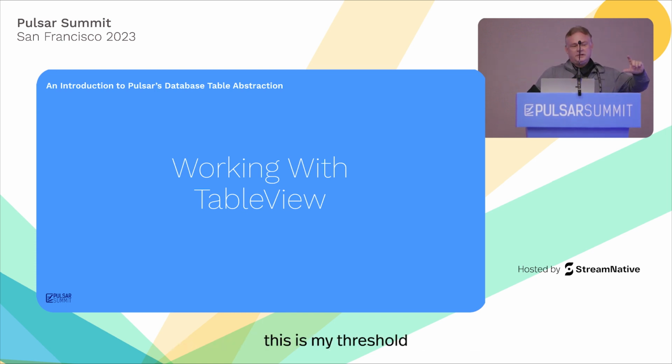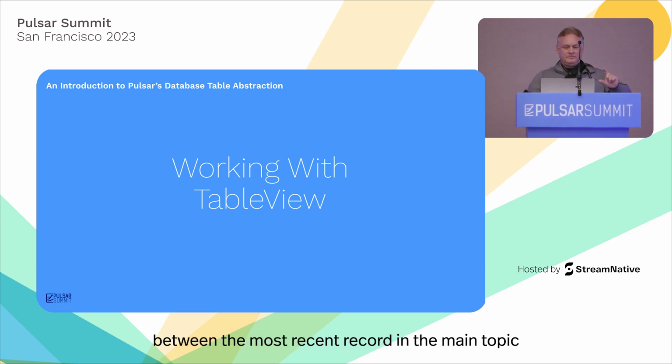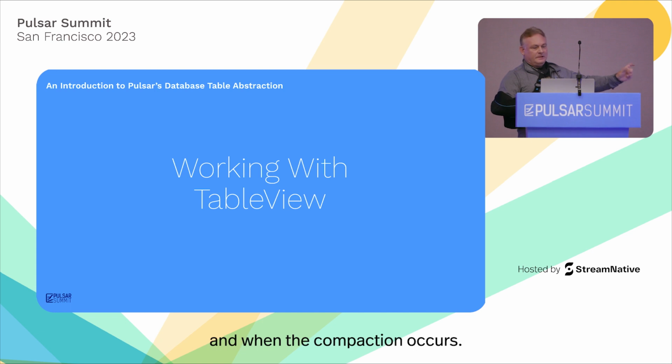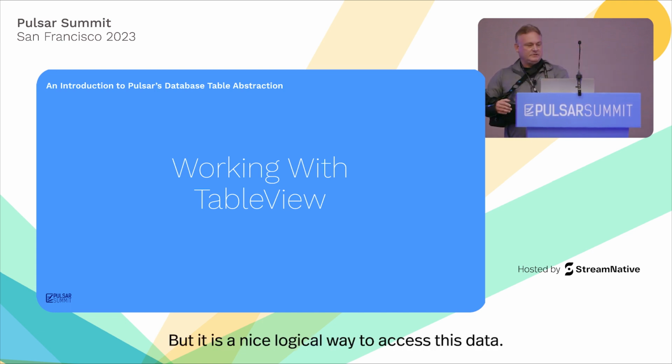You say, this is my threshold for when I trigger a compaction. The defaults are rather large in the megabytes of size or number of messages. If you want to update more aggressively, you can adjust your policies to meet your SLA on that. Because there's an inevitable lag between the most recent record in the main topic and when the compaction occurs, you have to account for that also, but it is a nice logical way to access this data.